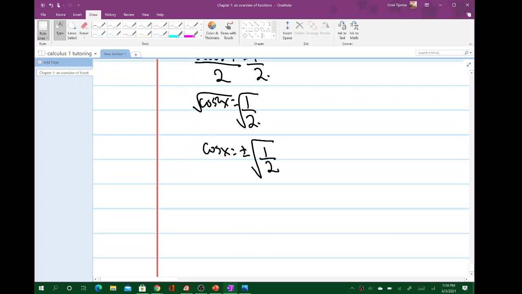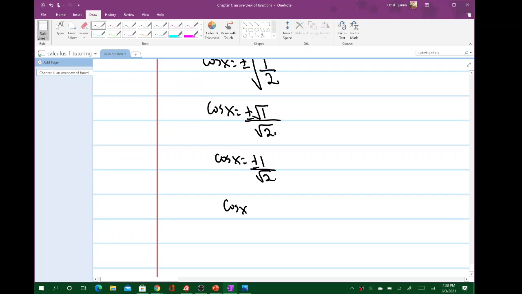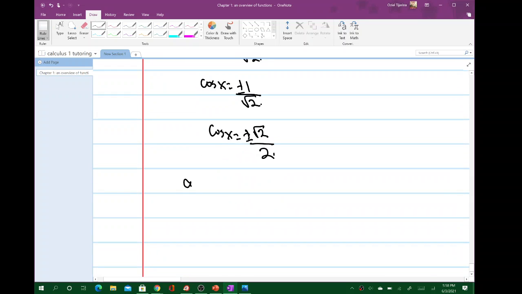Now this means cosine x equals plus or minus 1 over the square root of 2, which gives you cosine x equals plus or minus the square root of 2 over 2. So that means cosine x equals square root 2 over 2, and cosine x equals negative square root 2 over 2, right?